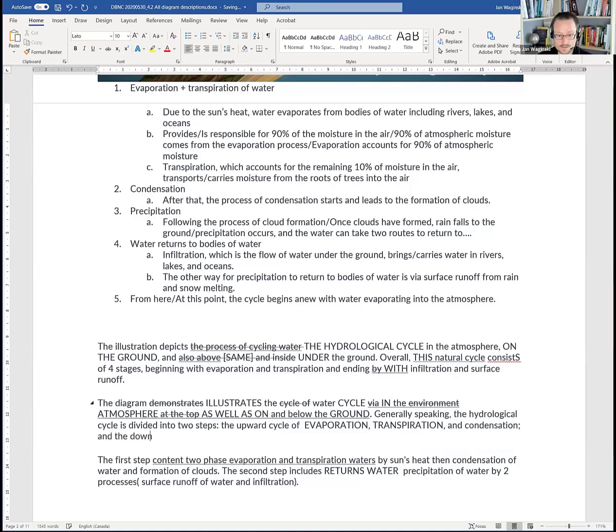And the downward cycle of precipitation of water. And then what else? What else is included in the downward cycle? And infiltration. That it's infiltration and surface runoff.